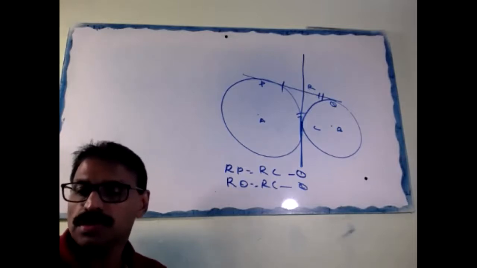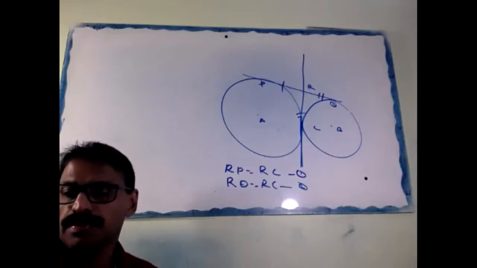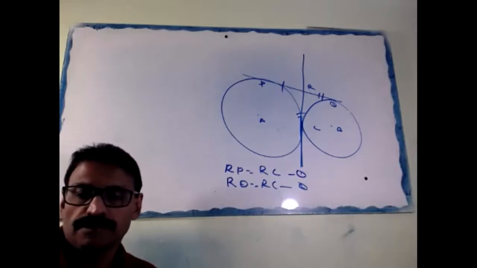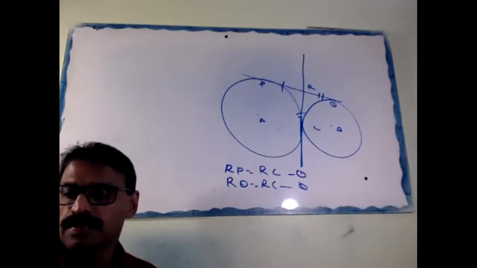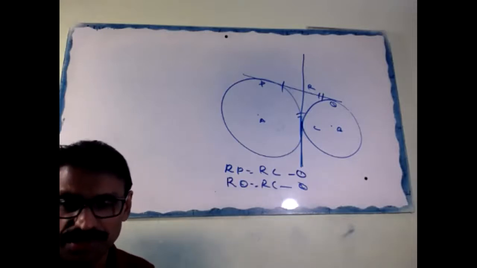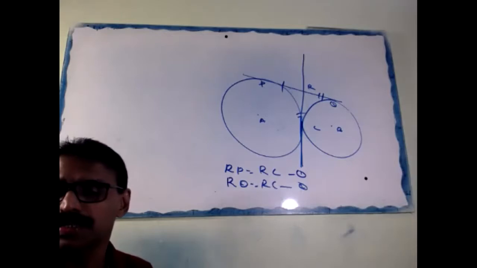Hey, Arjun. Hello, Arjun. You didn't get it? Oh, come on. What is this one doing, man? Just two lines. RP equal to RC.